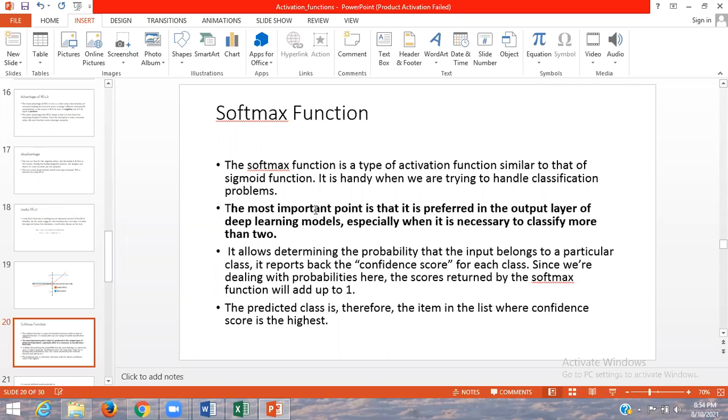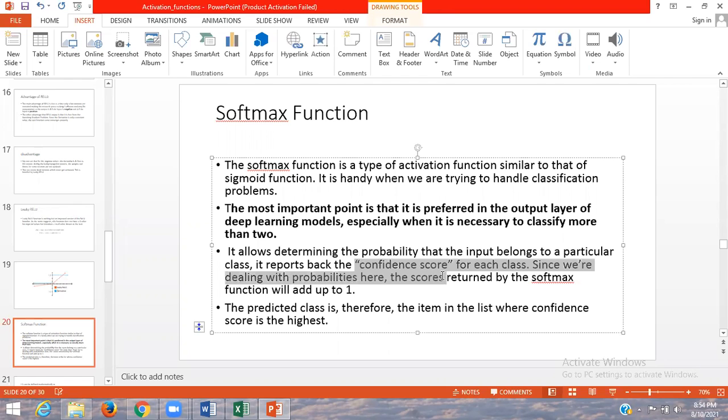That is the difference between the sigmoid and the softmax. And we are evaluating the confidence score. Confidence score means the score for a particular class, meaning the output will be classified into which class. That class will have the high confidence score, into which we have to classify that output. So it shows the predicted class generally.